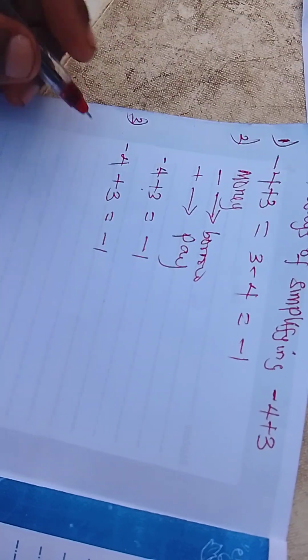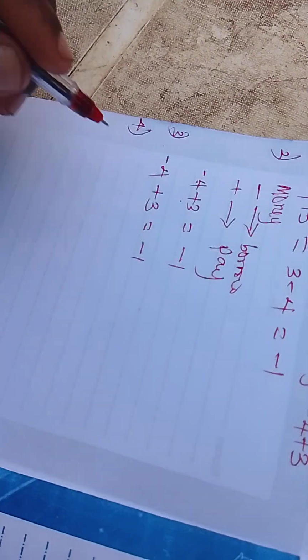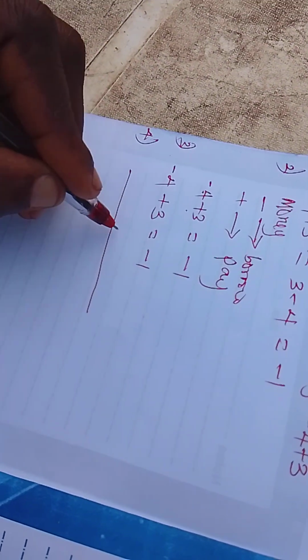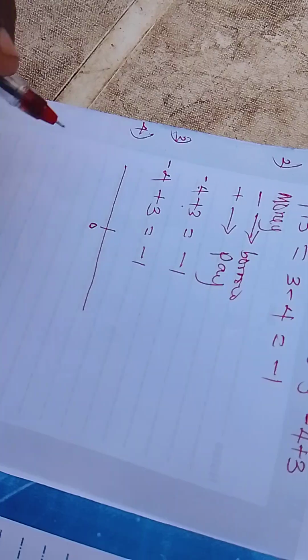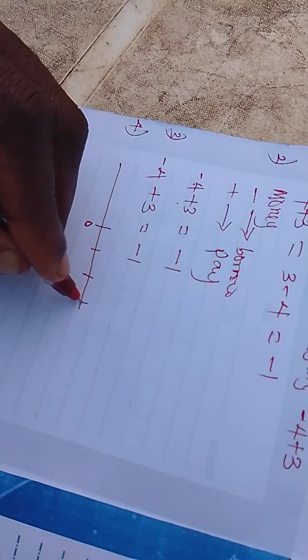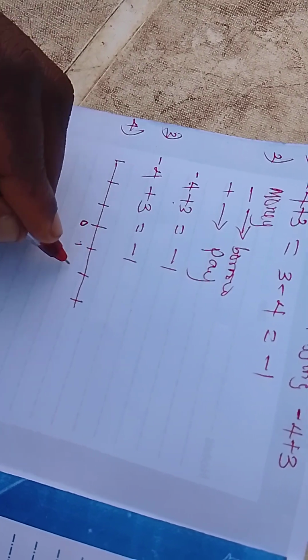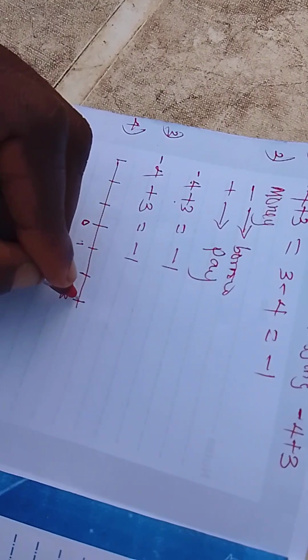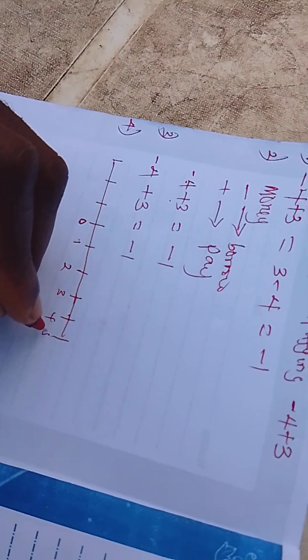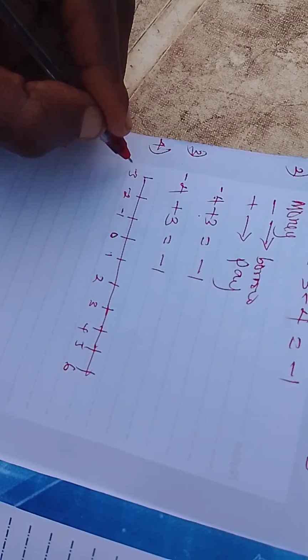Then, another way of doing this is the use of the number line. So we draw this to be our number line, 0 being at the center. Let's call here plus 1, plus 2, 3, 4, 5, 6, then minus 1, minus 2, minus 3, minus 4.